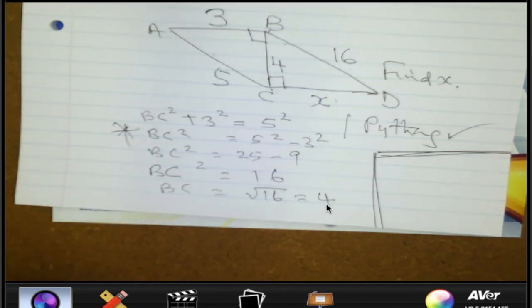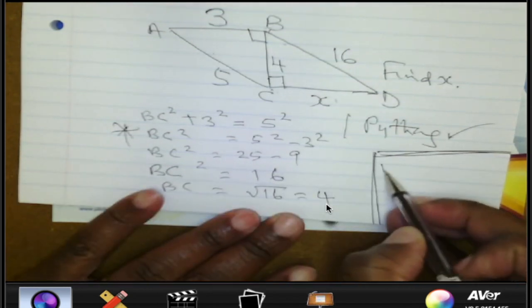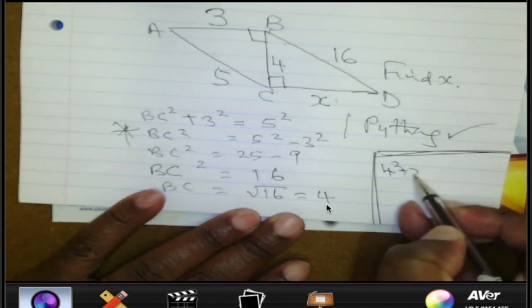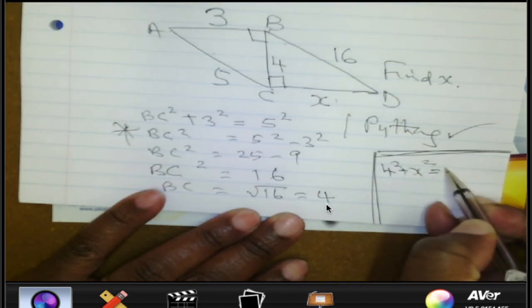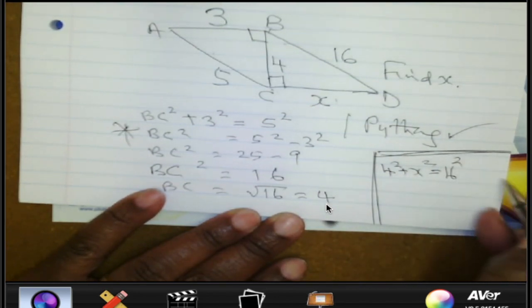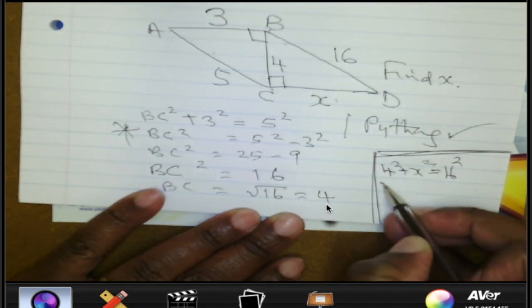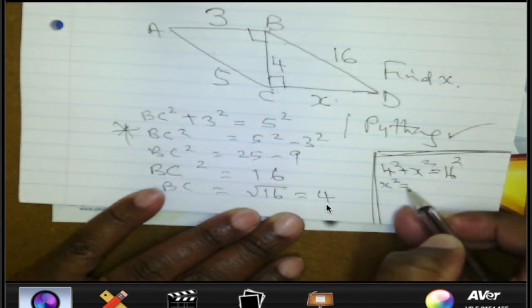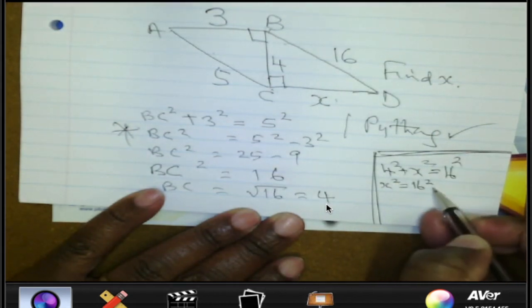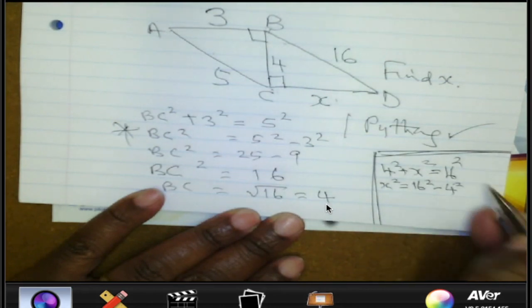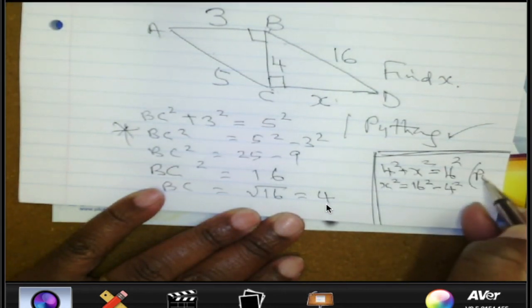But if you want, you can start right from the beginning and say the two shorter sides squared and added. Like you can say 4 squared plus x squared should give us 16 squared. And that means exactly what he says here. That means x squared will be equal to 16 squared, subtract 4 squared. Right, so your reason is still Pythagoras. Okay, so that is still Pythagoras.